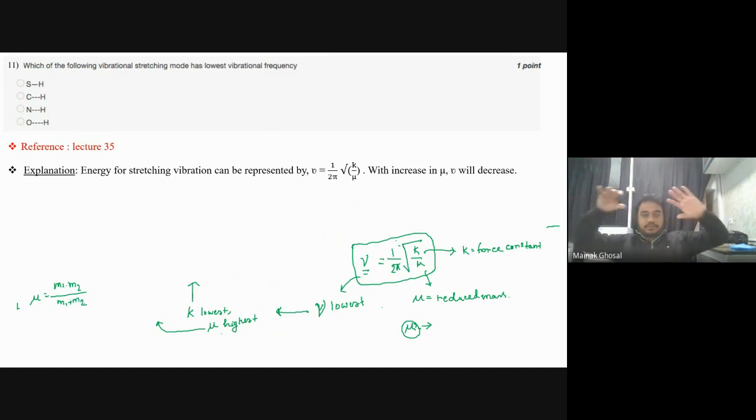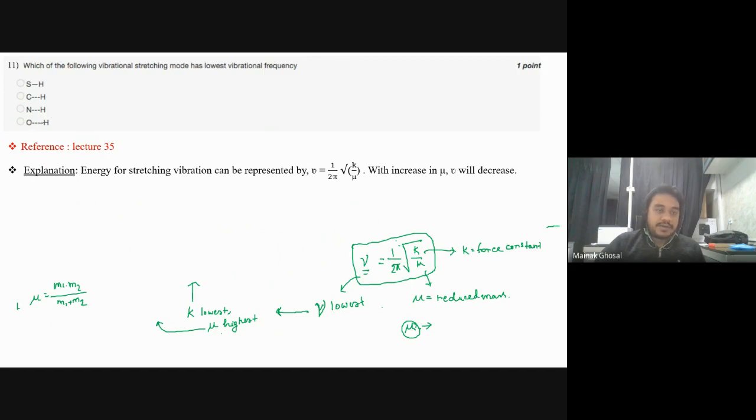If you multiply two numbers, the multiplication gives a bigger result. So mu depends upon m1 into m2. If m1 or m2 is higher, mu will be higher. So among these you have to find which one has the highest mass.